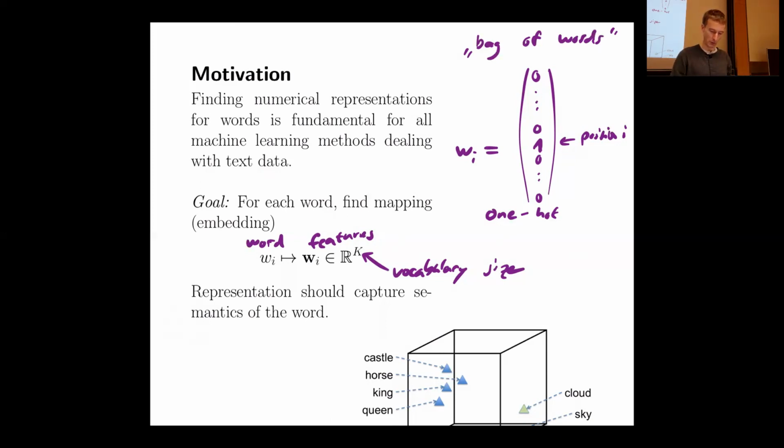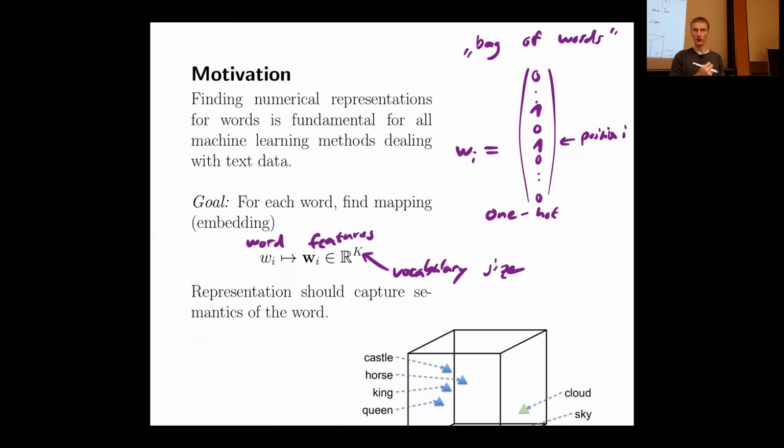Then all the words that appear, you put 1s, and the ones that don't appear, you put 0. And why is this called bag of words? It's because the order of words doesn't matter at all, right? If you have these 2, 3 words, then you will have some 2 or 3 non-zero positions, but everything else is 0. And we forgot about the ordering of words.